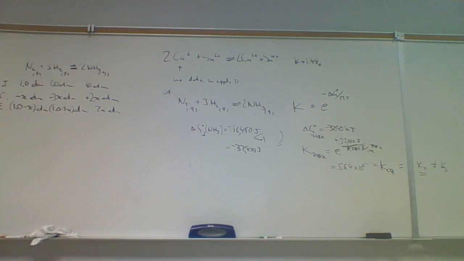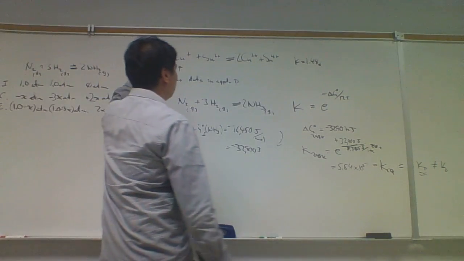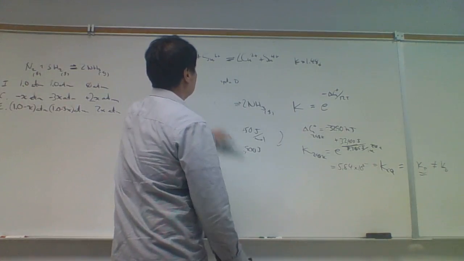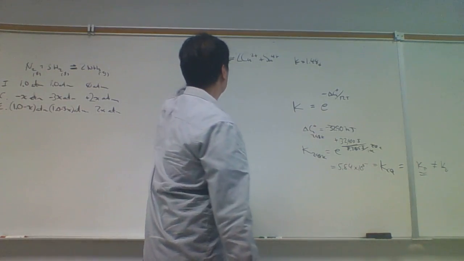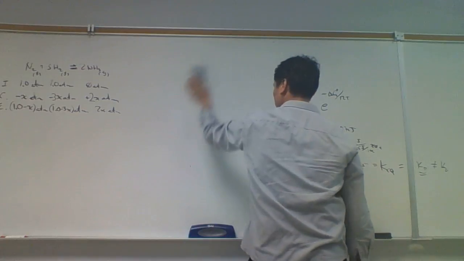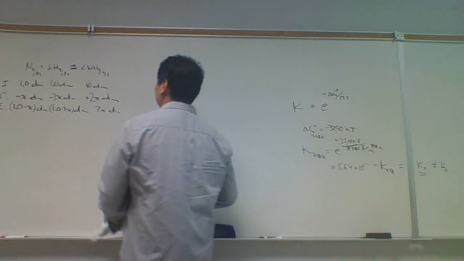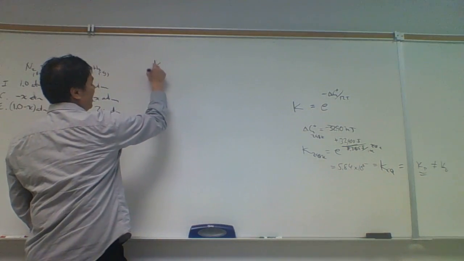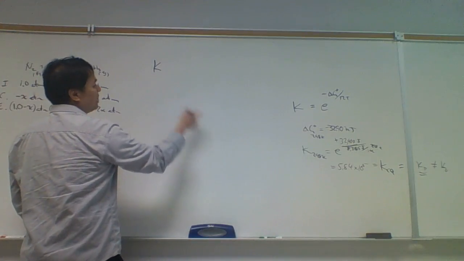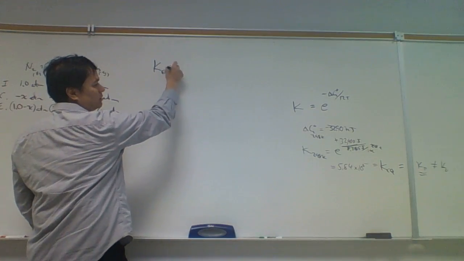If I can figure out what x is, then I can figure out how much reaction and what my equilibrium conditions are. And I can because I know that this K that I just calculated, the K_E cubed, is equal to K_P.